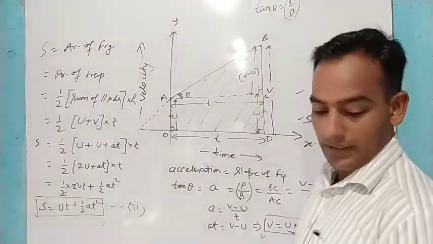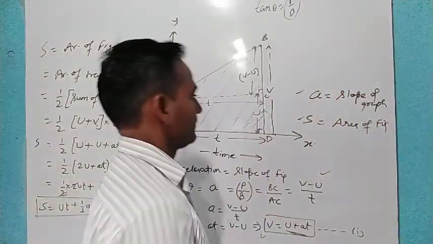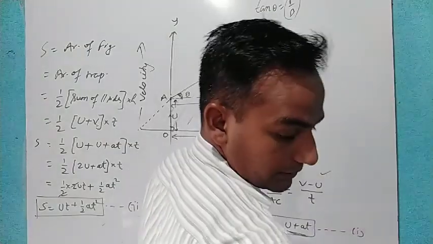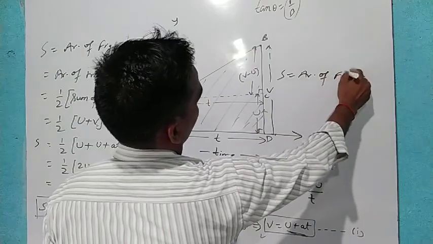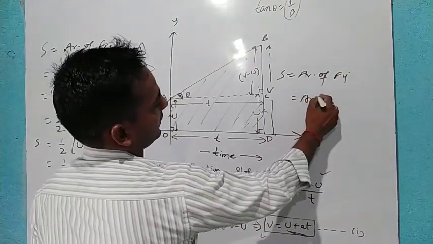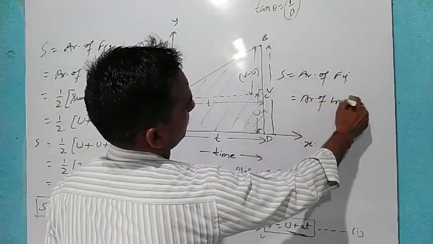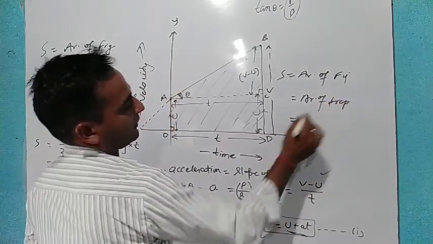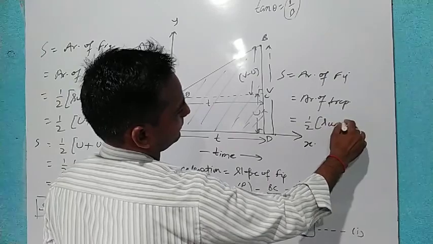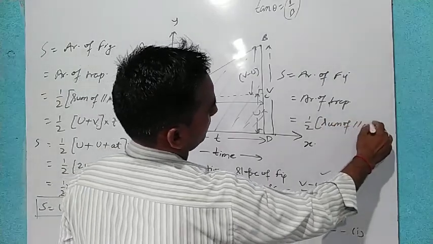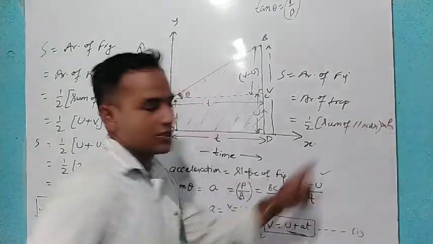Now, once again, the displacement means area of figure. Area of figure means area of trapezium. Okay? Area of trapezium is 1/2 sum of parallel sides into height. This much again.